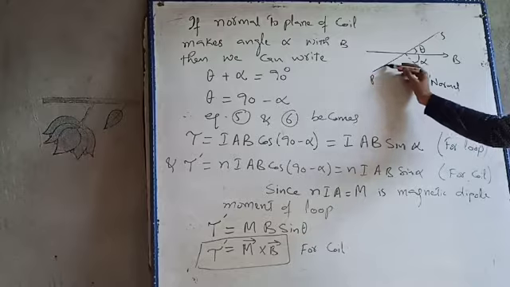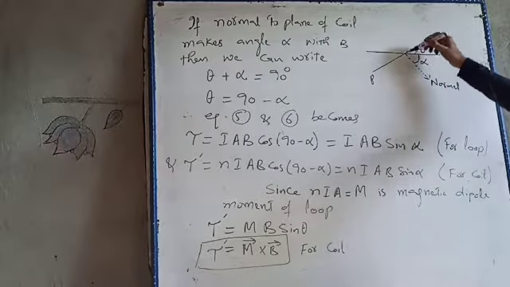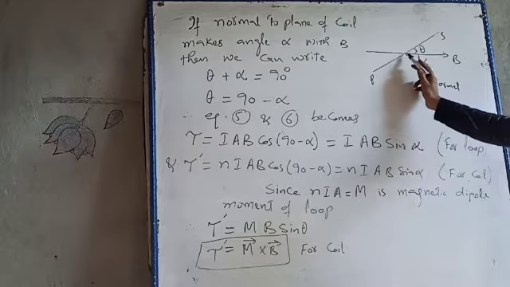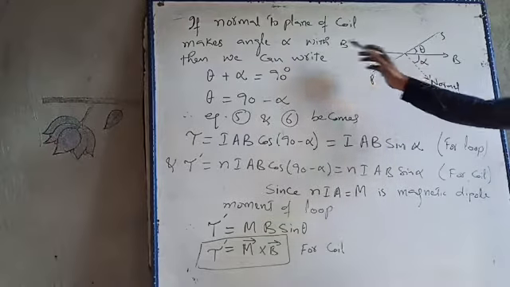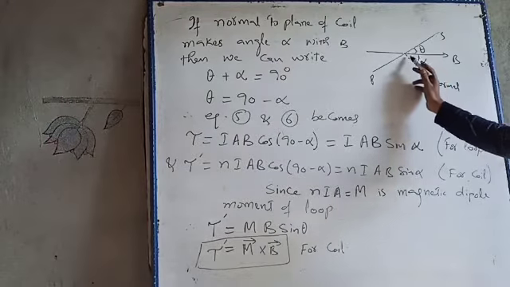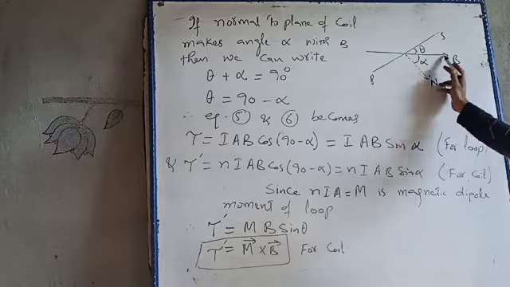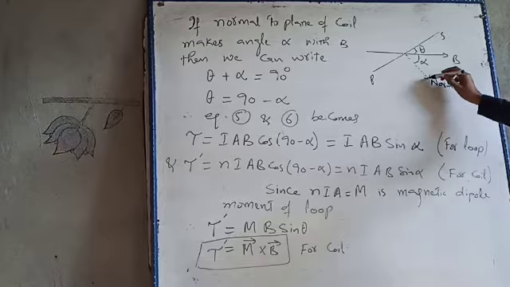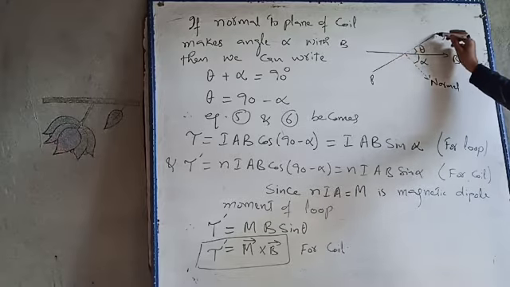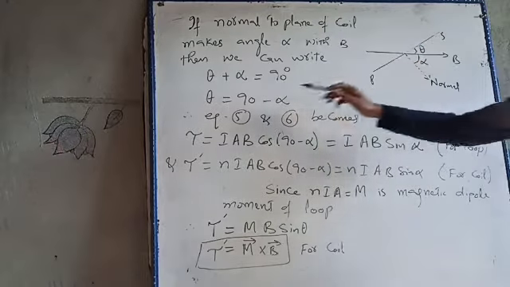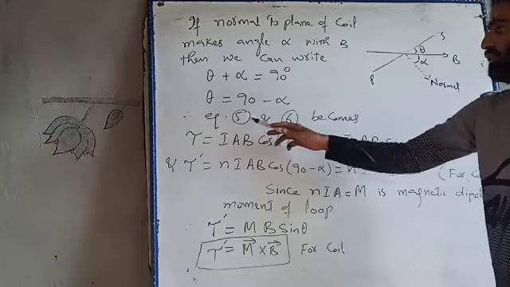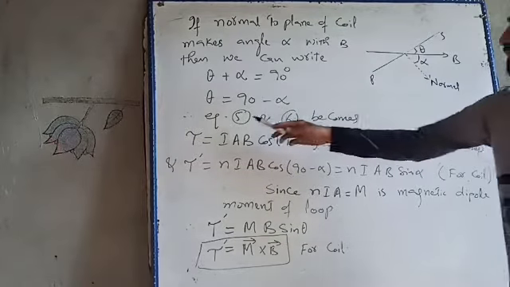See, this is the plane of the coil. Let me draw the normal to it. N is the normal, and alpha is the angle between the normal and the magnetic field. Here I have written alpha is the angle between the normal of the coil and the magnetic field. Since the normal is at 90 degrees, theta plus alpha is 90 degrees, so theta comes to be 90 minus alpha. Use this value of theta in the previous equations, number 5 and 6.